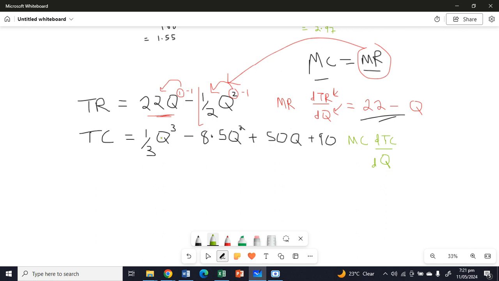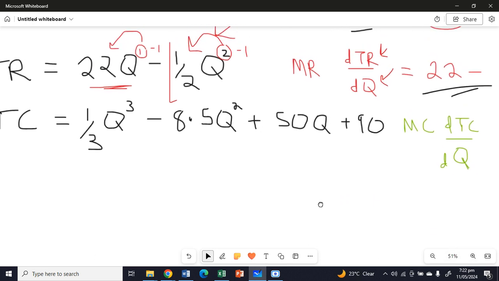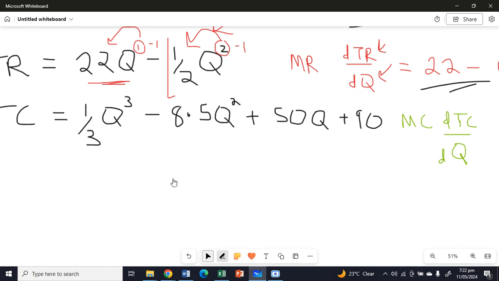You're going to see it with this total cost one here, the same principle. As I said, when you are deriving, you go through each term one by one. You derive each term. So we start with this one, 1 over 3 q to the power 3.